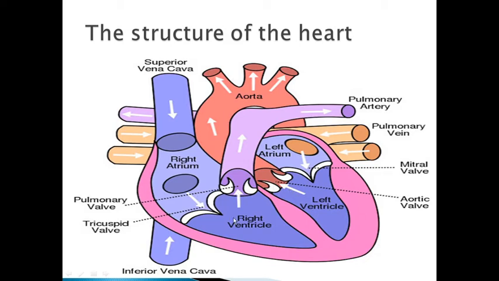And we said that these are the tricuspid valves, and these are the bicuspid valves, allowing the blood to flow in one direction and preventing the return of blood. Can you see the direction? And these are the semilunar valves, and they connect the aorta and the pulmonary artery with the heart.